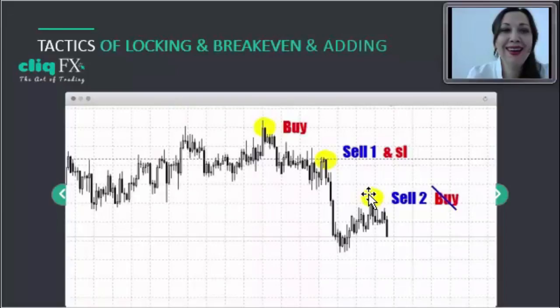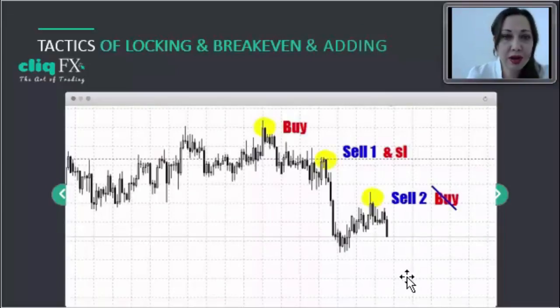And this is the time when you see the prevailing tendency of sell is downward. So you can open sell number 2 by leaving sell 1 for the perspective. And this is how we add the third element, the tactical method of adding, but in the downward trend. So this is how it works.